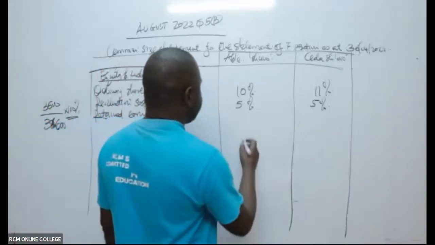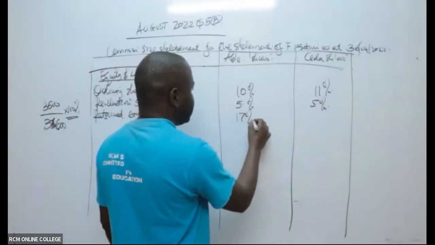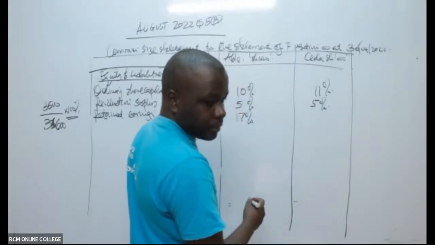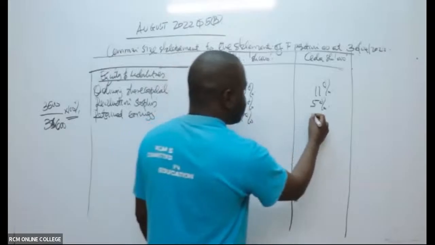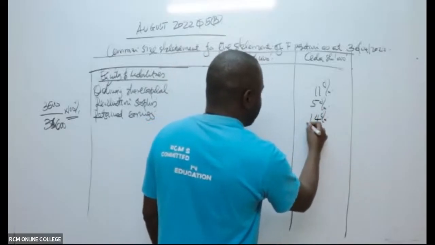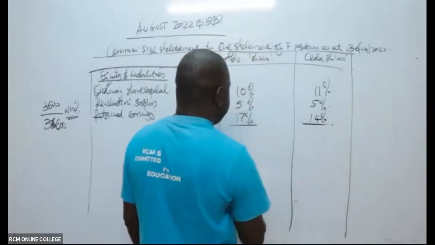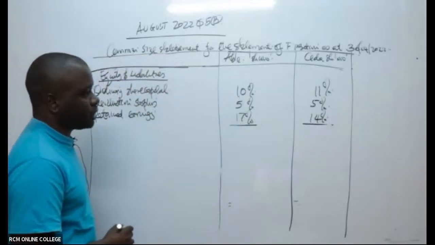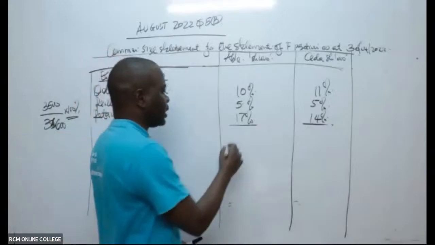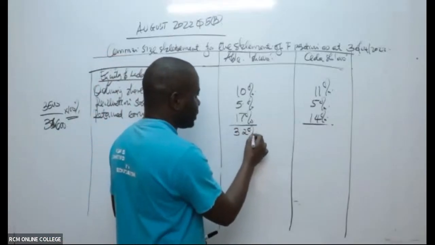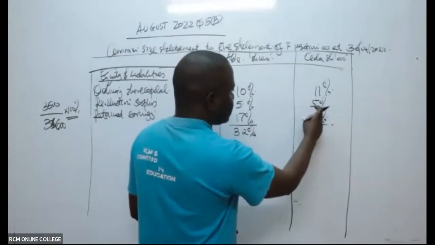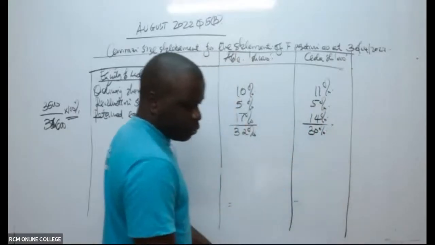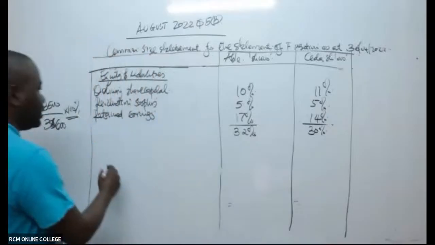That gives 16.7 and 14.2, so that is 17% and 14%. When you total here, you get the figure for total equity. This one is coming to 32%, and the other is 30%. Then you go to the non-current liabilities.